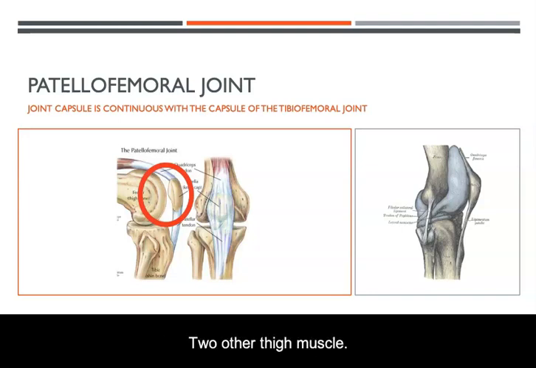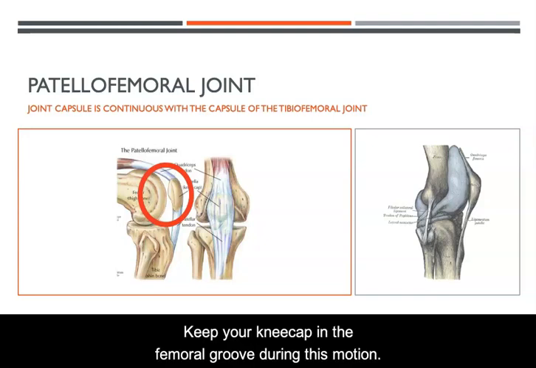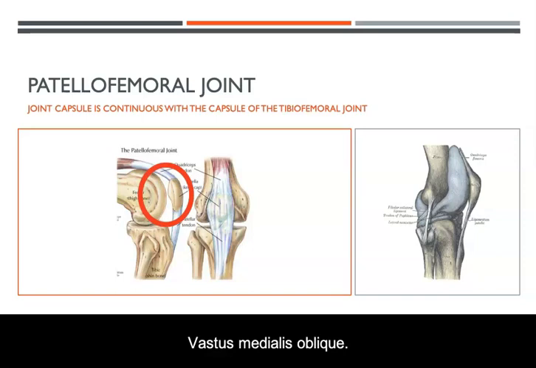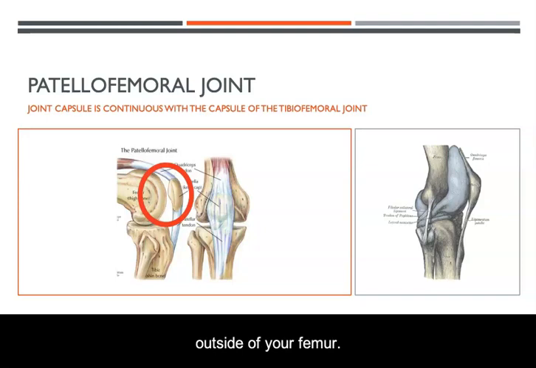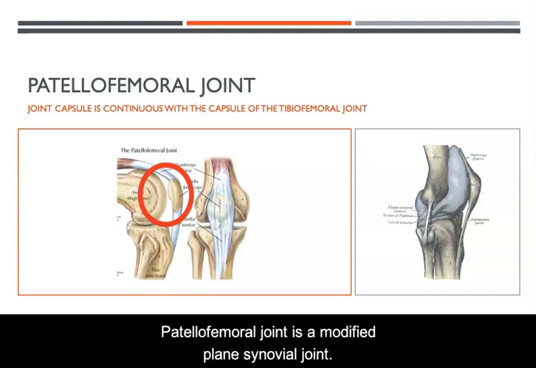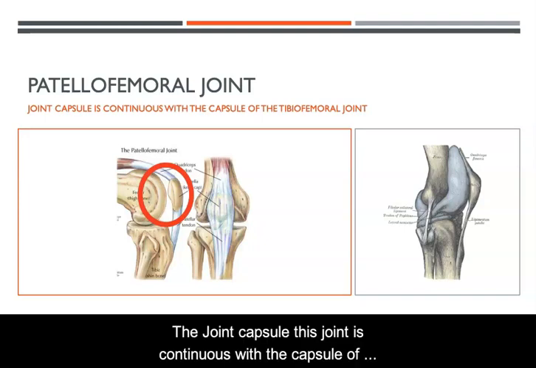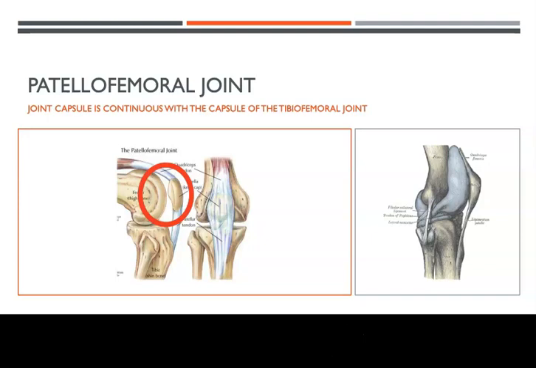Two other thigh muscles keep your kneecap in the femoral groove during this motion, the vastus medialis oblique and the vastus lateralis, located on the inside and the outside of your femur. The patellofemoral joint is a modified plain synovial joint. The joint capsule of this joint is continuous with the capsule of the tibiofemoral joint.